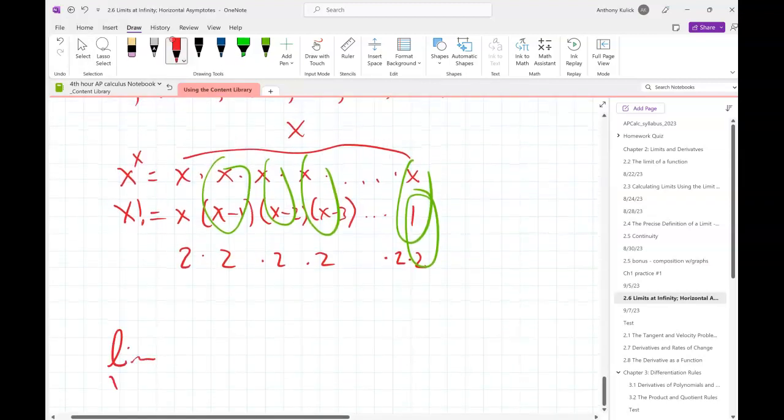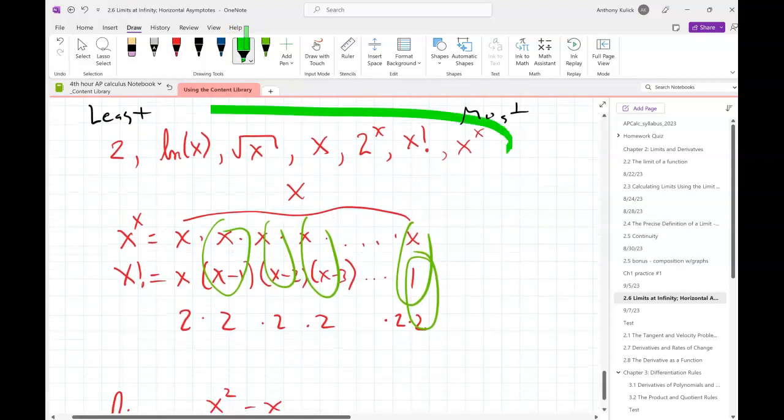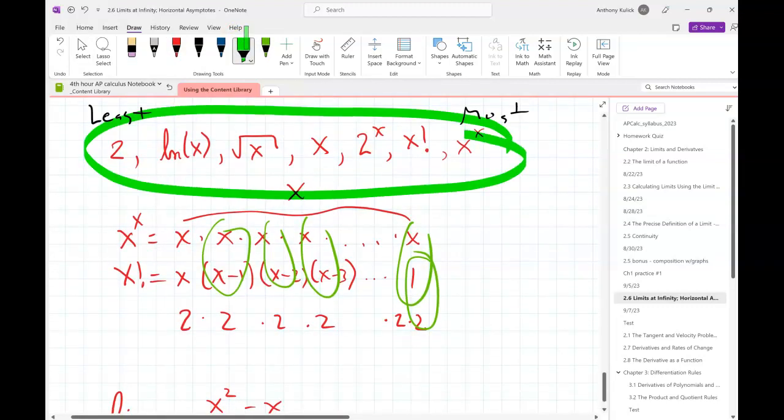For example, I write this. We can do this in our head with no work at all if we understand how to use this idea up here.